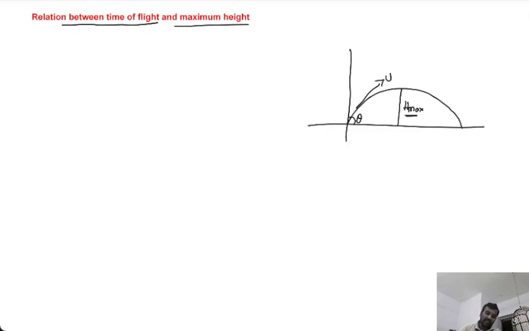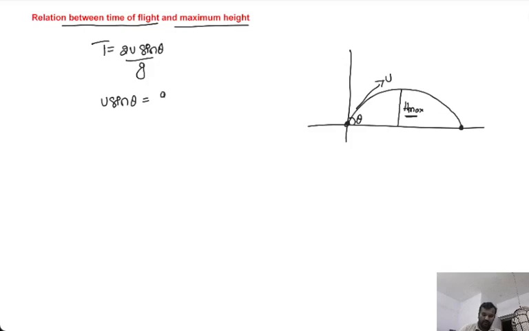First, the time of flight T is equal to 2u sin theta divided by g. At the same time, this g value moves to the other side as multiplication, so gT divided by 2 is equal to u sin theta. You know the formula for maximum height h max, which is equal to what formula?